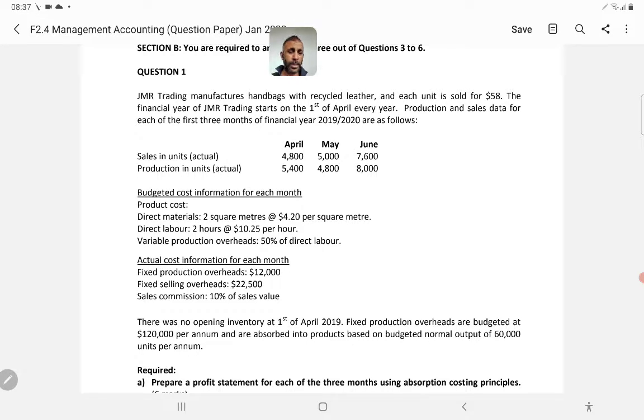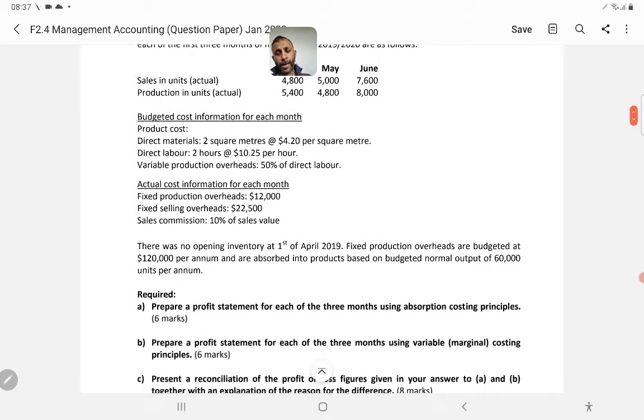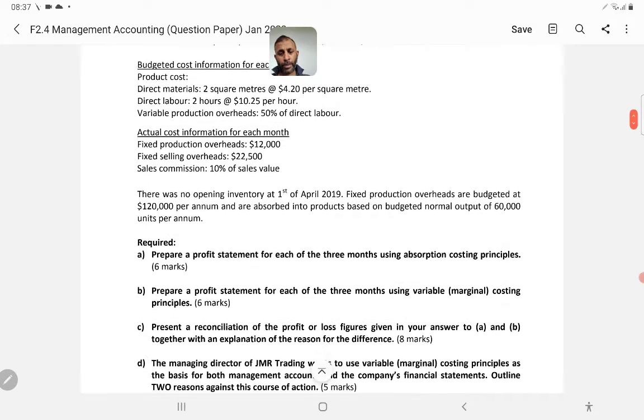Fixed production overheads are budgeted at 120,000 per annum and are absorbed into products based on budgeted normal output of 60,000 units. Prepare a profit statement for each of the 3 months using absorption costing principles. Prepare a profit statement for each of the 3 months using marginal costing principles.